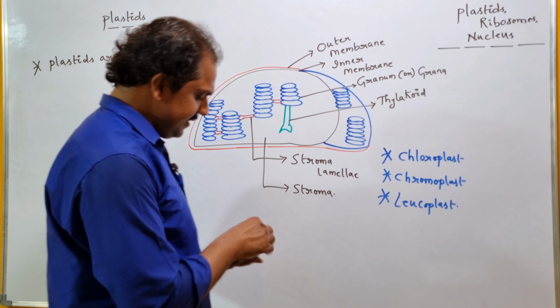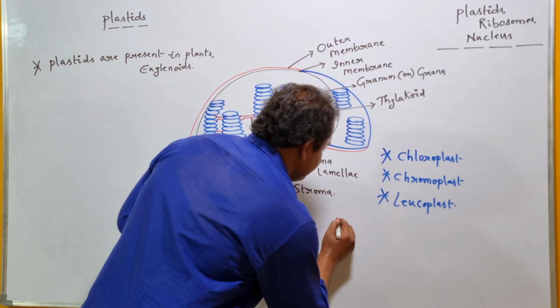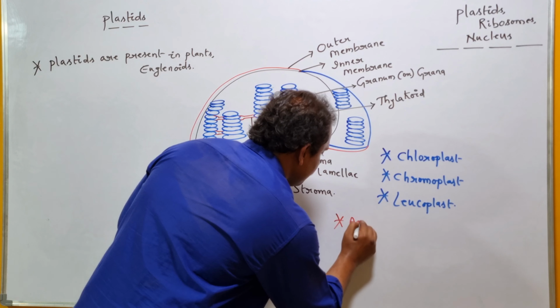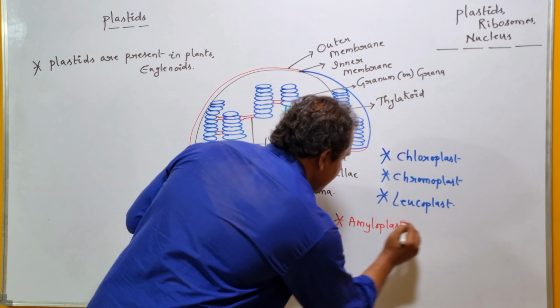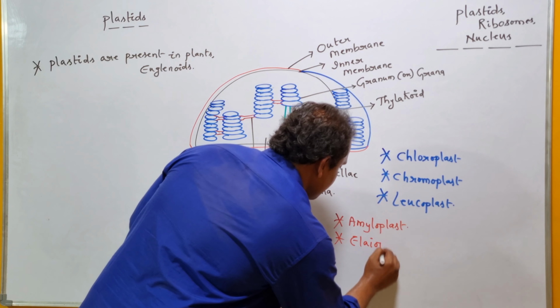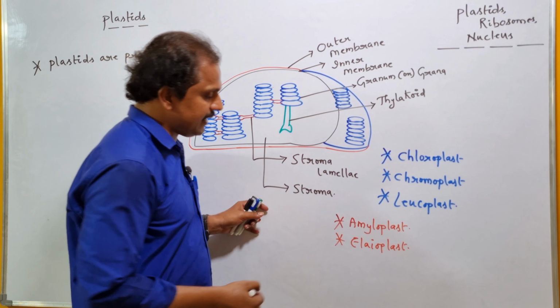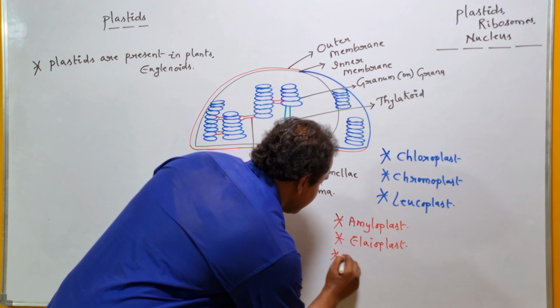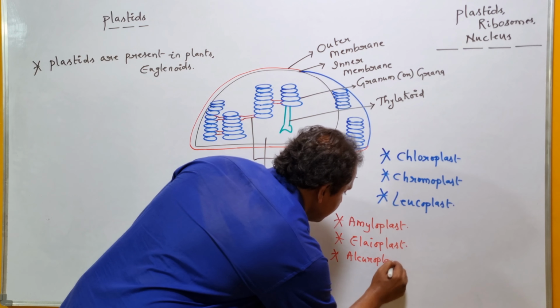So let me write it here. Amyloplast, ilioplast and the other one is erythroplast, or it is otherwise known as proteoplast.